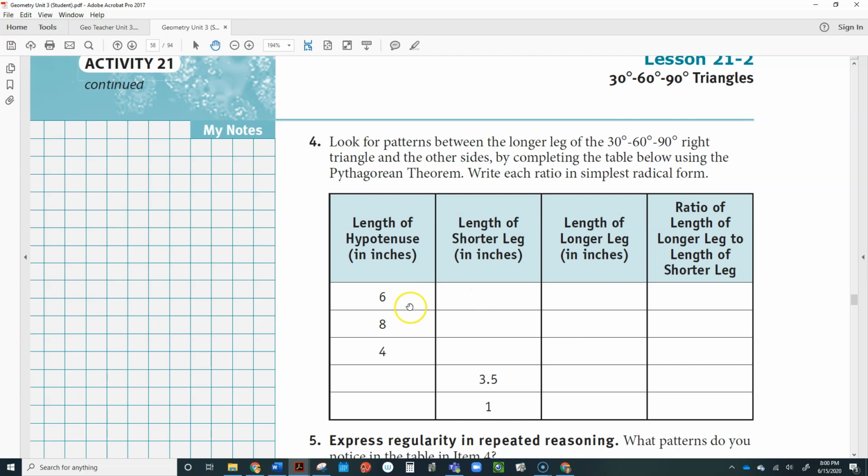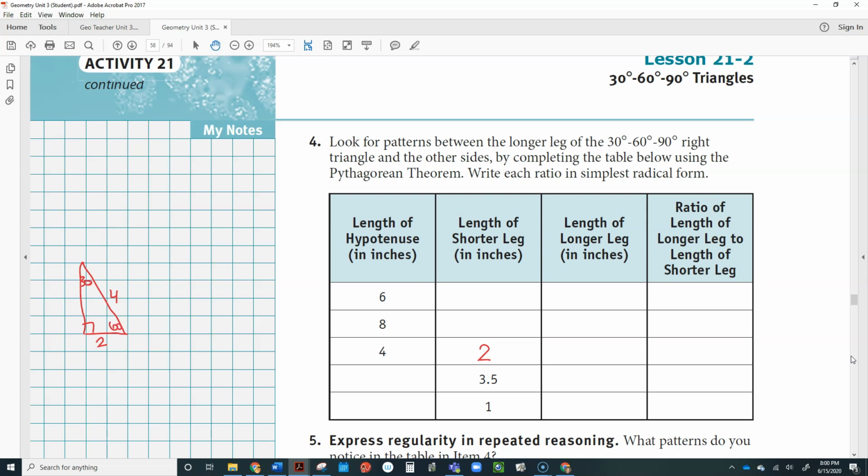Okay, so the length of the hypotenuse, let's go to where we knew it was. The length of the hypotenuse was 4, and the shorter leg was 2. And if we know that it's 4 and 2, then we can use the Pythagorean theorem to find out this leg, which is opposite the 60-degree angle.